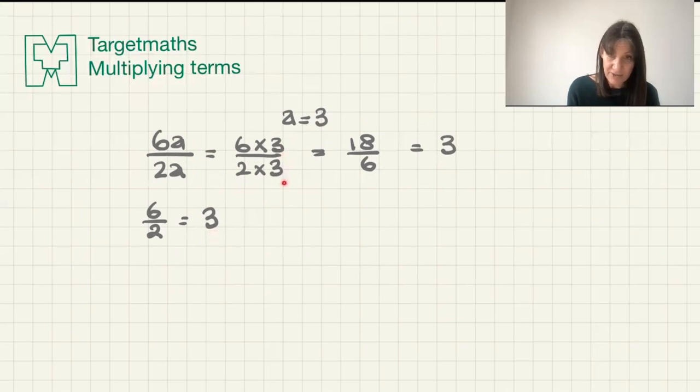I used them here to show the answer would become 3, but the reality is I don't even need them to get the answer to be 3. And that's because they cancel each other out. So if I've got a single A on the top and a single A on the bottom, they literally cancel out and the A's are no longer there.